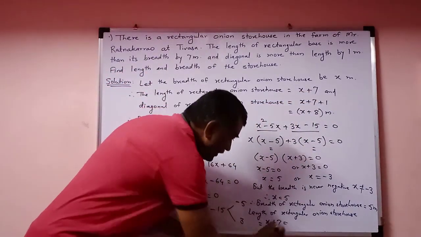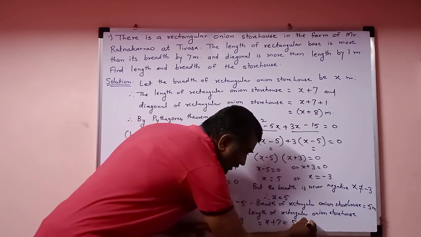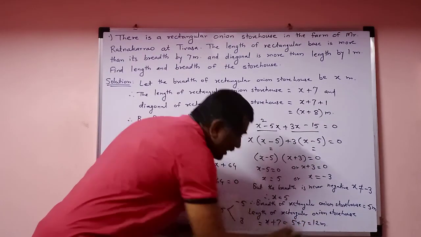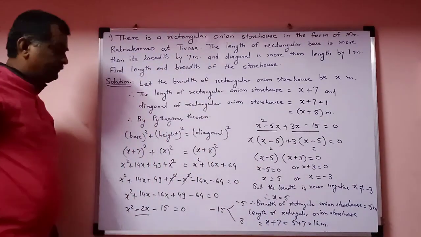Value of x is 5. 5 plus 7 is equal to 12 meter.